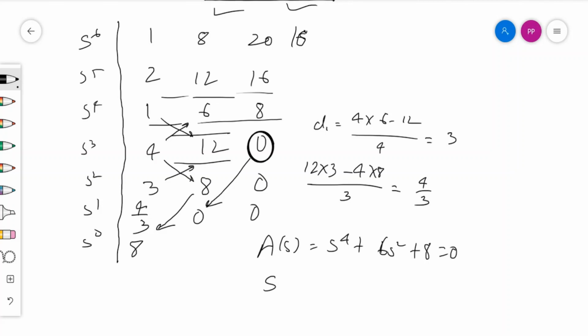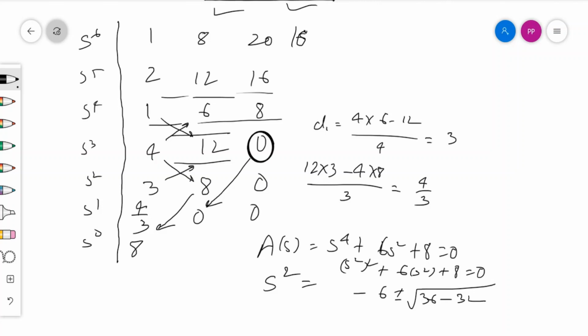So we get s square equal to, so this is the same as s square whole square plus 6s square plus 8. So this becomes a quadratic equation in s square. So that is minus b plus minus root b square, 6 square is 36, minus 4ac is 32, divided by 2a. So this will become equal to minus 3 plus minus 1.